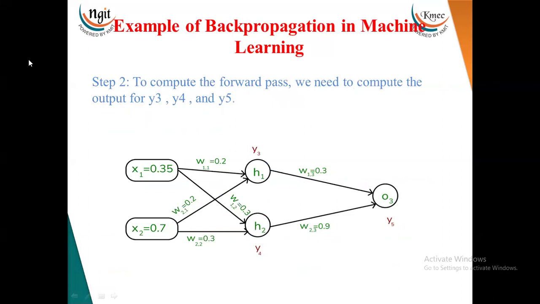Now, if you see the network, we have x1, x2 as inputs, h1, h2 as the hidden layer, and o3 as the output. What we have to calculate first is y3, y4, y5. These are the values we have to calculate in the forward pass. First, y3. In order to get y3, I have to multiply the input values by the weight values.